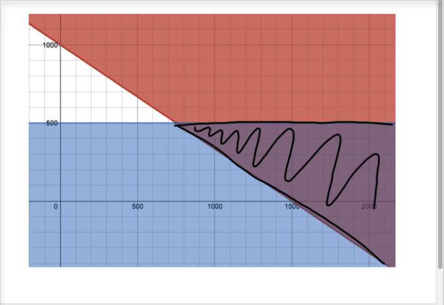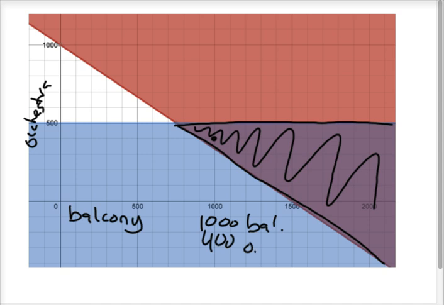And again, we let X represent balcony seats, this represented orchestra seats. So if we wanted to know how many we had to sell in order to make the profit we're looking for, I could say, all right, I could sell 1,000 balcony seats and 400 orchestra seats. That's one possibility.